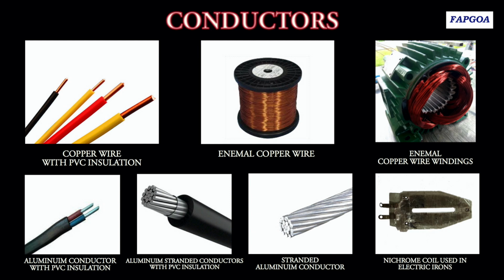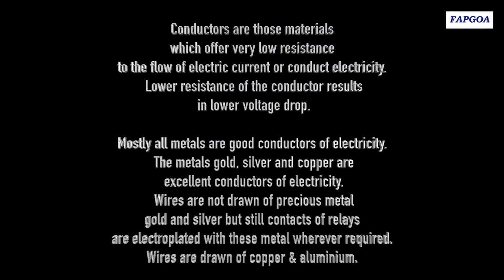Electrical resistance determines two categories of materials. One category is called conductors and the other category insulators. So what are conductors? They are those materials which offer very low resistance to the flow of electric current, or in other words, conductors allow electric current to flow through them. Lower resistance of the conductor results in lower voltage drops.